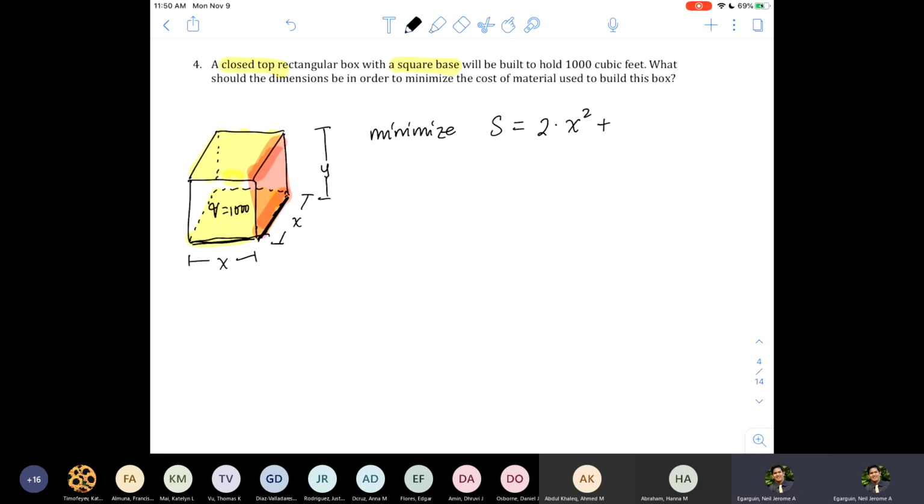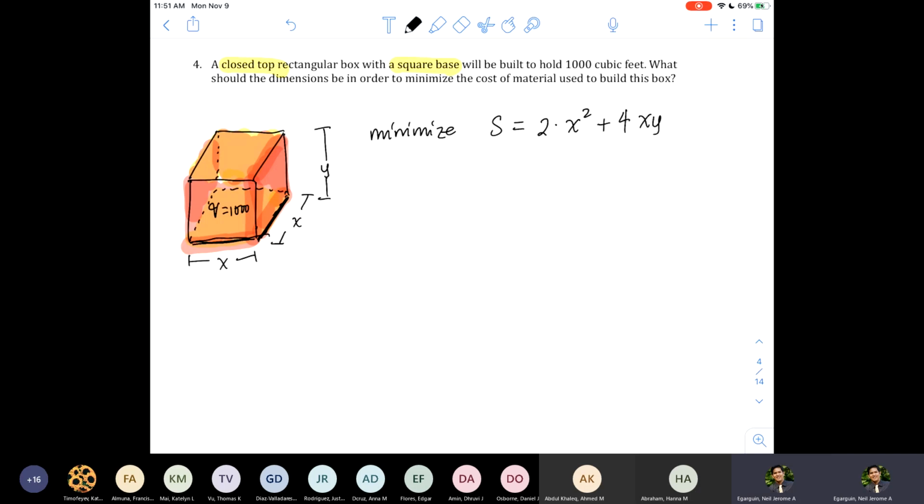Well, that red side will have area x times y, right? And then that will be the same as the area of this side over here. That's also x times y. So I have 2 of them now. But the front face will also have the same area because it's x times y, as well as the back end. All right? So that means that there would be 4 xy's in the surface area.